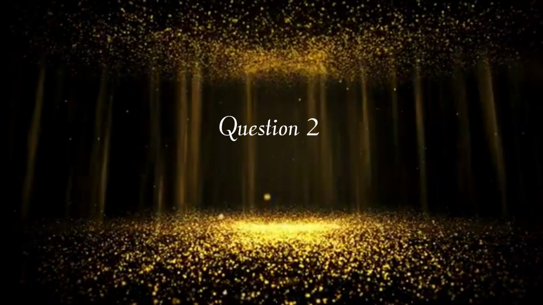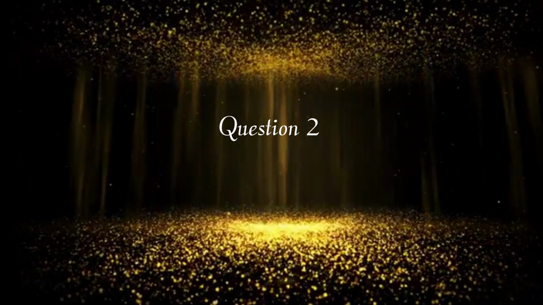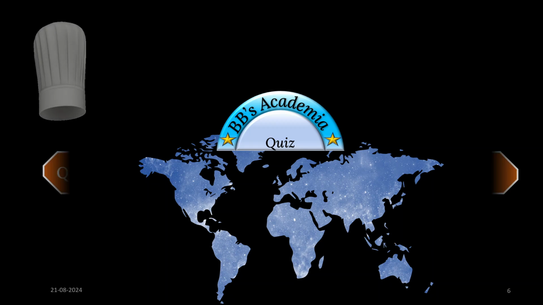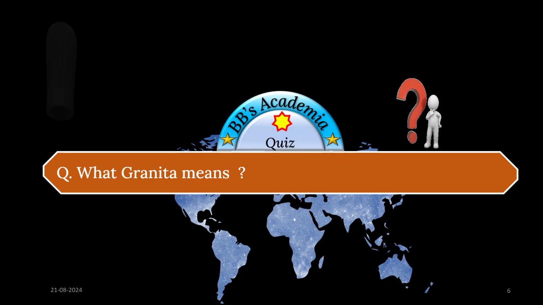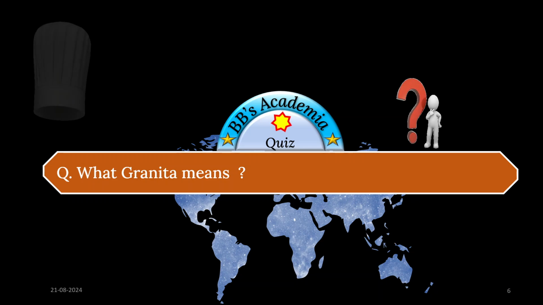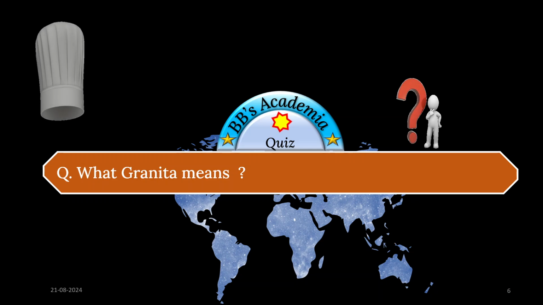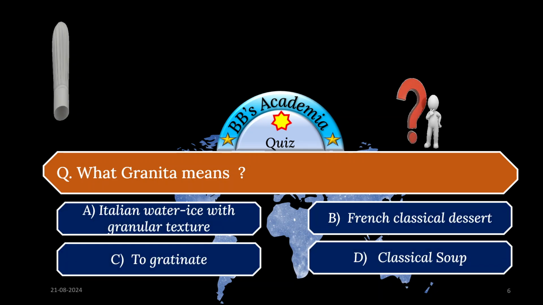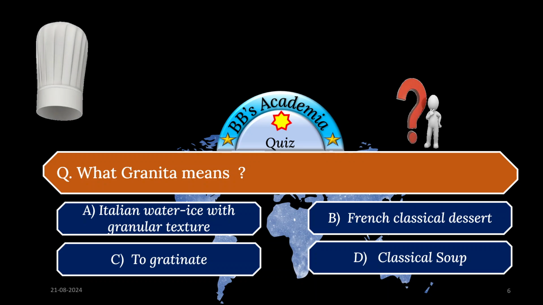Question number 2 is on your screen now. What does granita mean? Your 4 options are: option A, Italian water ice with granular texture. Option B, French classical dessert.